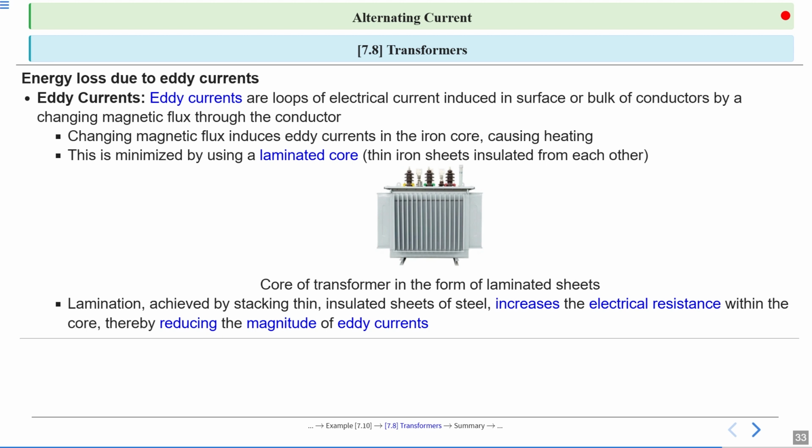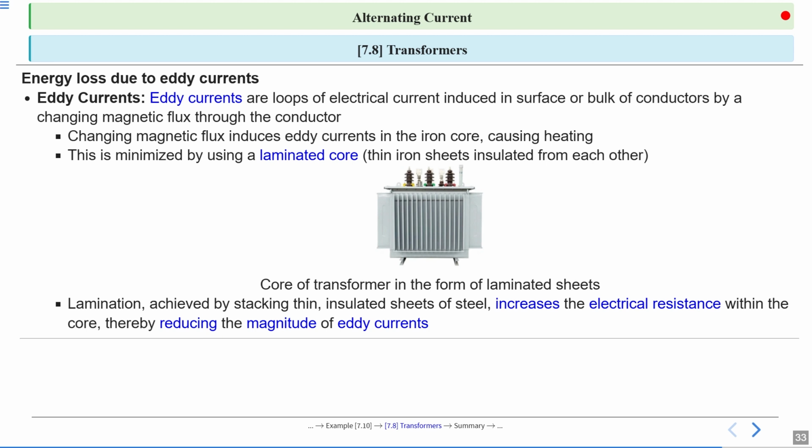Laminations achieved by stacking thin insulated sheets of steel, as shown in the diagram, increase the electrical resistance. One sheet will behave as one resistance, and they are stacked, so they are equivalent to a combination of resistances.